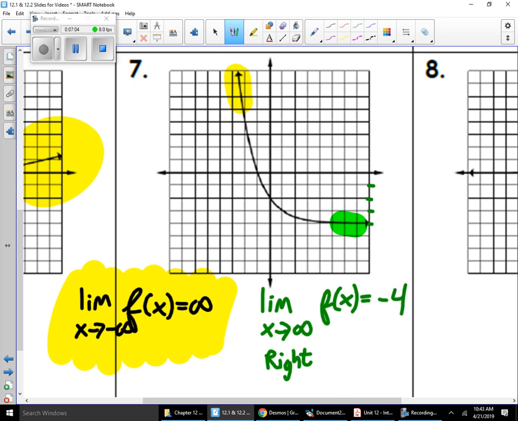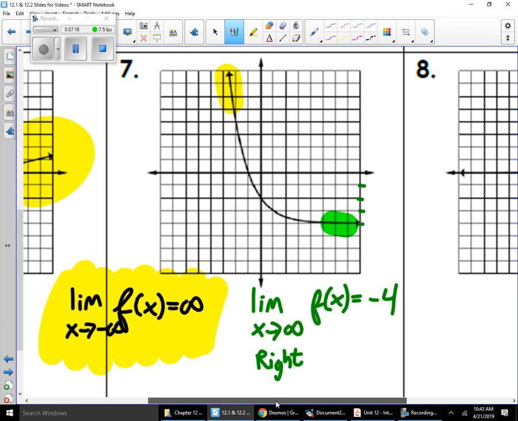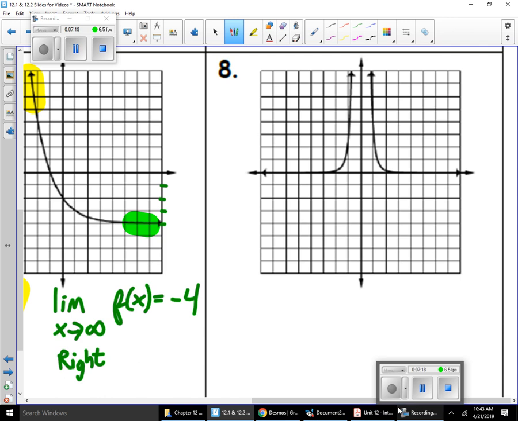So on the right-hand side, it's approaching a value instead of this concept of positive or negative infinity. As we start moving forward, we really want our limits to be numbers. Then we can do some algebra with them and all kinds of other fun things. But for now, we do have examples where infinity is an option.